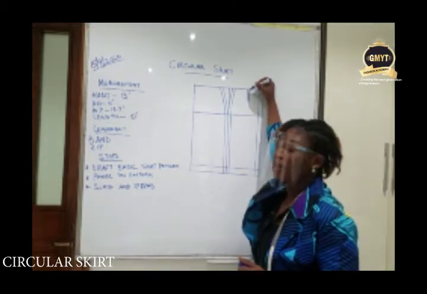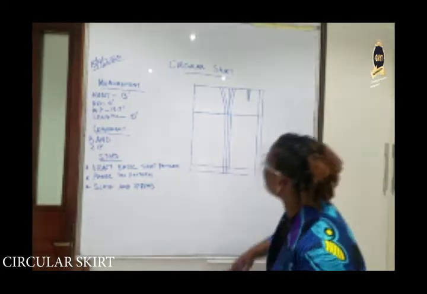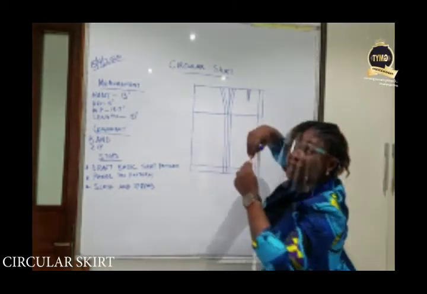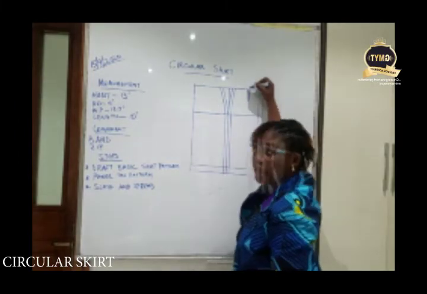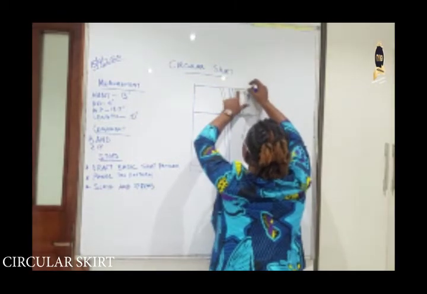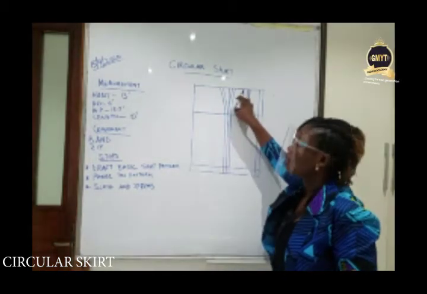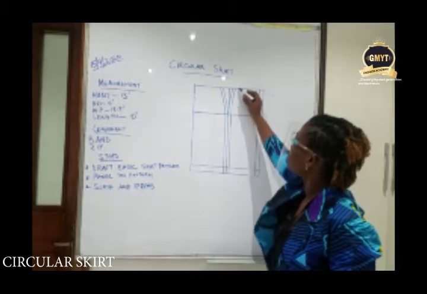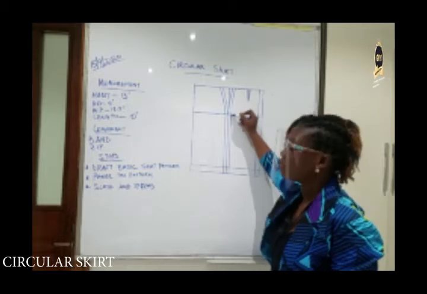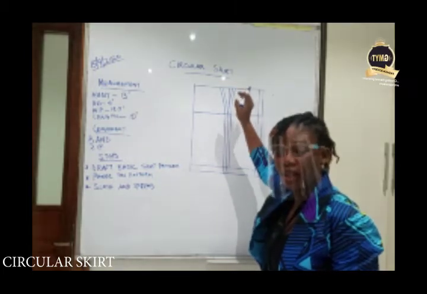Whatever measurement you have for your dart, you remove it at the side. I have 0.75 for my dart, so I come to the side right here and measure 0.75. Can you see? I'm going to use my French curve to connect this to the hip. Then you can clean this off and do your sewing allowance.